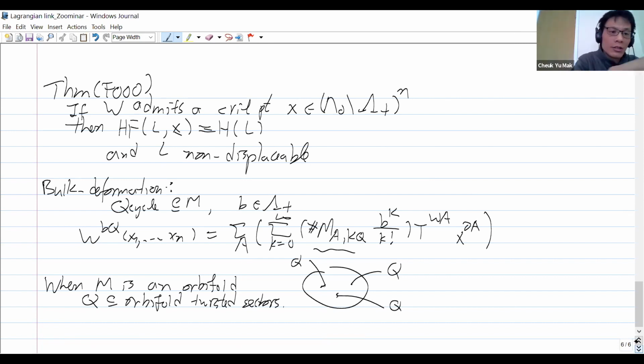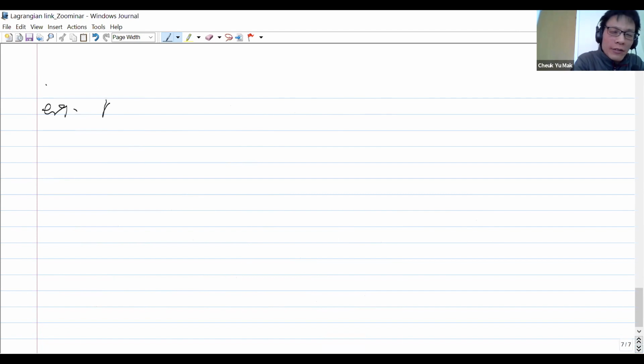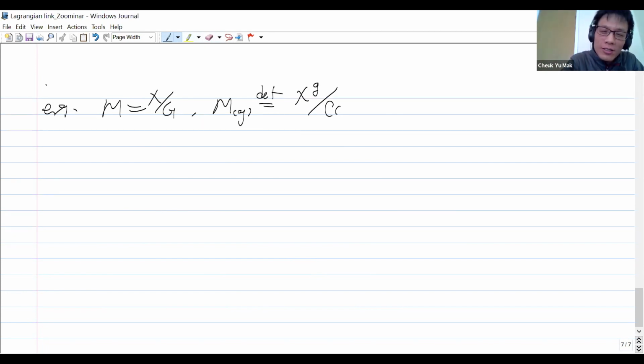Say, for example, our orbifold is a global quotient of a manifold by a finite group G. For each conjugacy class, we define the fixed point set of g lying inside G. For each element g in G, it determines a conjugacy class, and for each conjugacy class we have a corresponding so-called twisted sector, which is defined as the fixed point set of g, quotient by the centralizer of g.